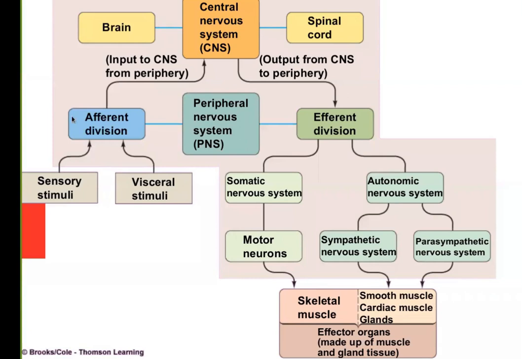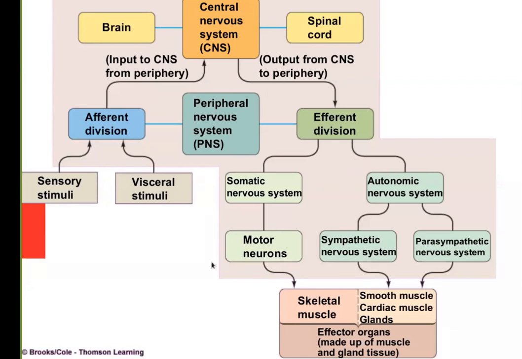What does it mean? The afferent subdivision is those nerves and ganglions which send impulses to our central nervous system from the periphery, from receptors to the brain and to the spinal cord. The efferent subdivision of the peripheral nervous system is those nerves which send impulses from the brain or spinal cord to our muscles.